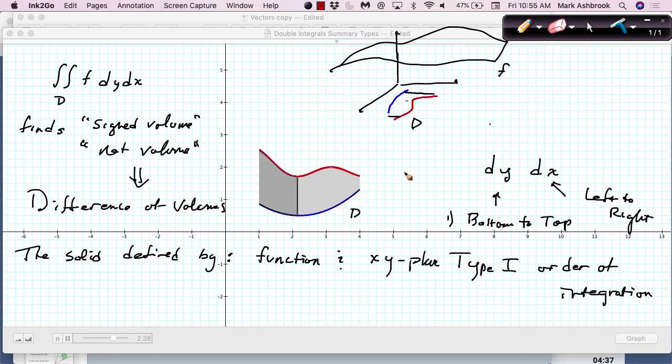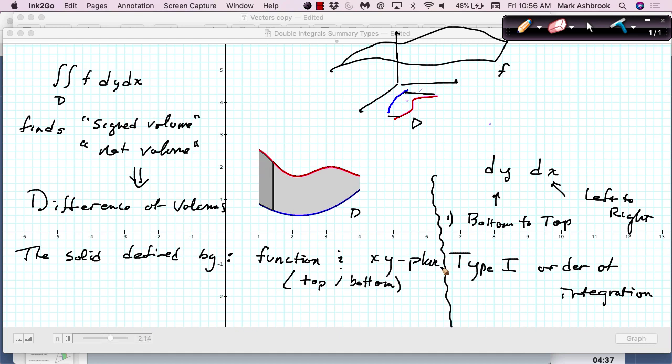And then what defines the sides? The region, right? The region extended like a cylinder up and down. So you take that region, that's like our red and blue and black region, you extend it up and down like a cylinder, and that defines the sides. So sometimes the top is the xy plane, right?